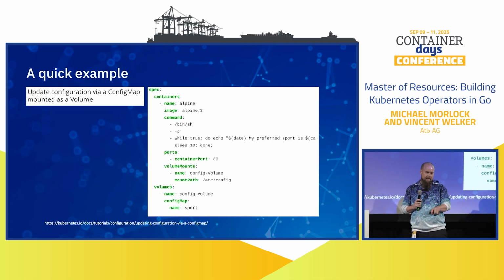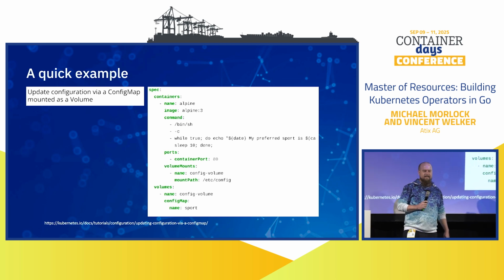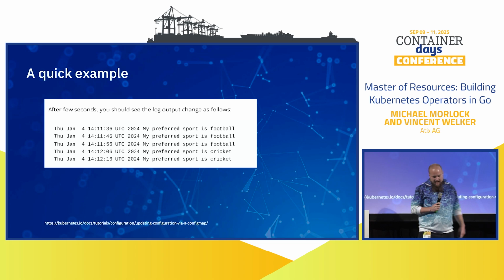So we have this really basic example. It doesn't matter if it's a pod or a deployment. This thing just gets the file that is mounted from a config map as a volume, and as you can see, after a few seconds the output changes.